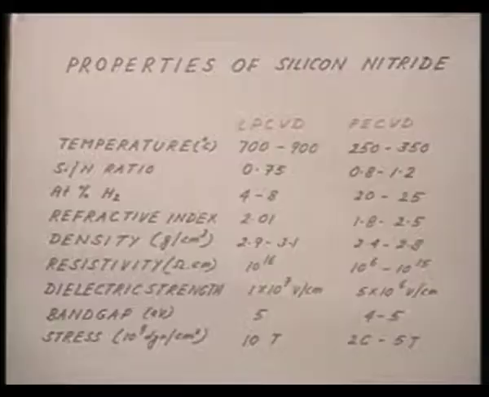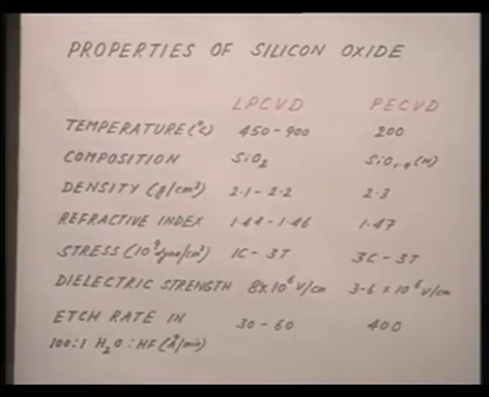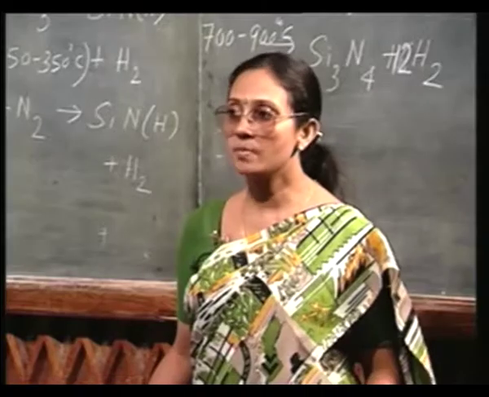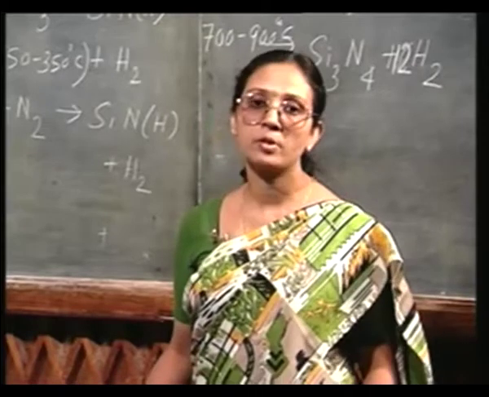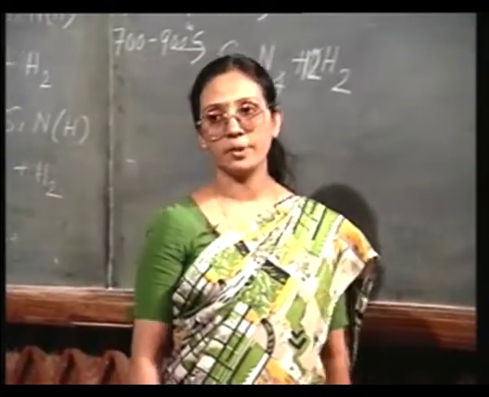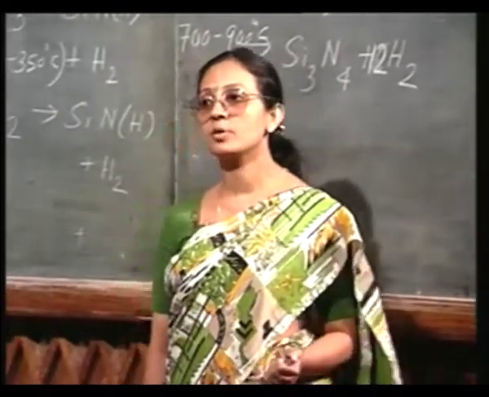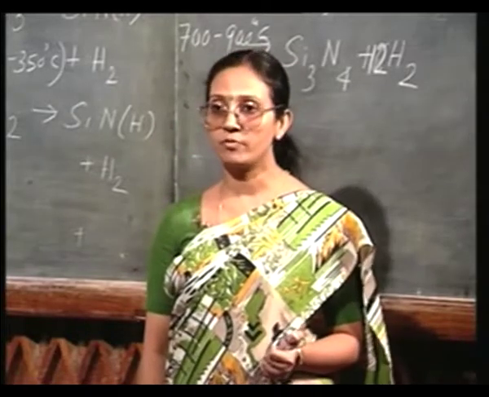Similarly, if you look at the next slide, you will see that the silicon dioxide by the chemical vapor deposition process and silicon dioxide deposited by the plasma enhanced process, the properties of them can also be compared. Again, the most important point is the temperature of deposition.